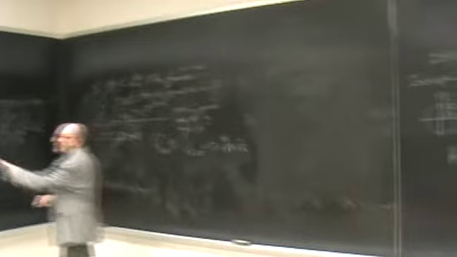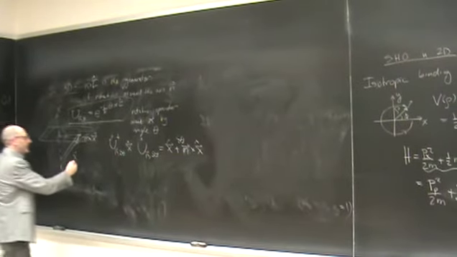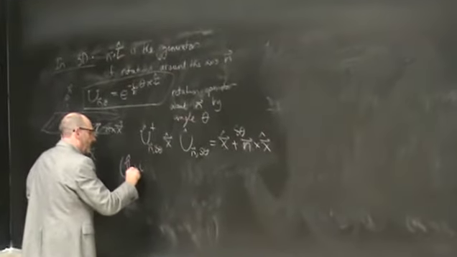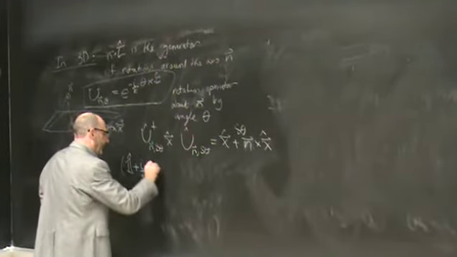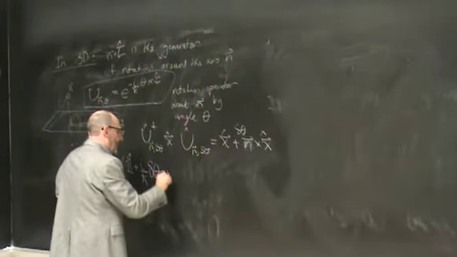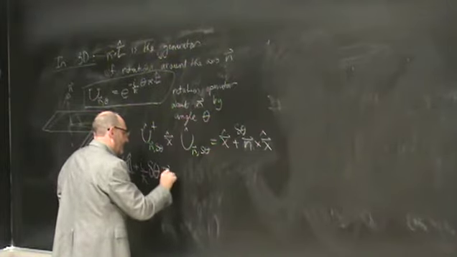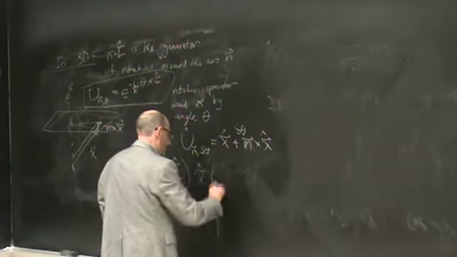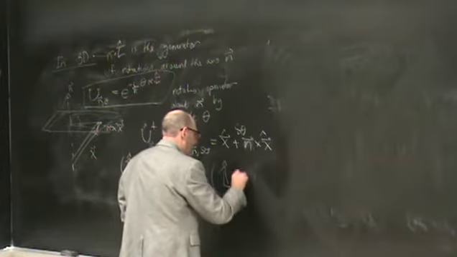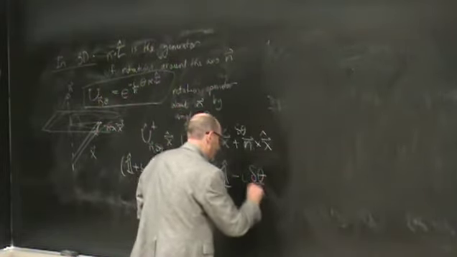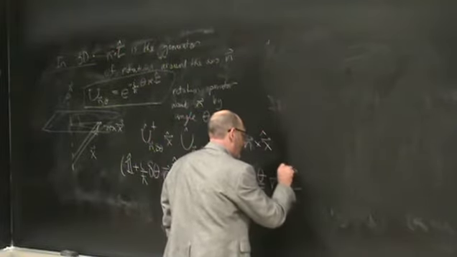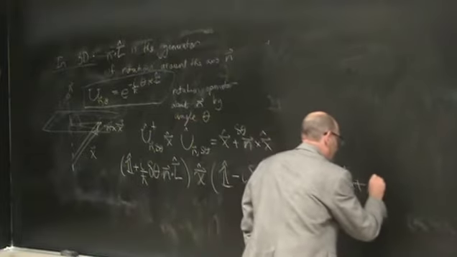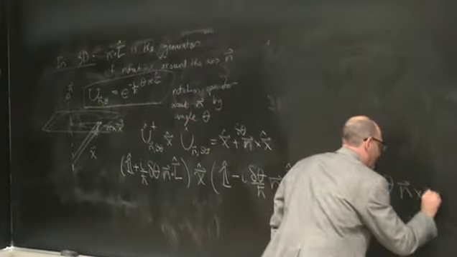Well, we could go through this exact same exercise that we did over there. This tells me that 1 plus i over h bar times delta theta n dotted into L, the position vector in 3D, 1 minus i delta theta over h bar n dot L hat is equal to x plus delta phi n cross x hat.